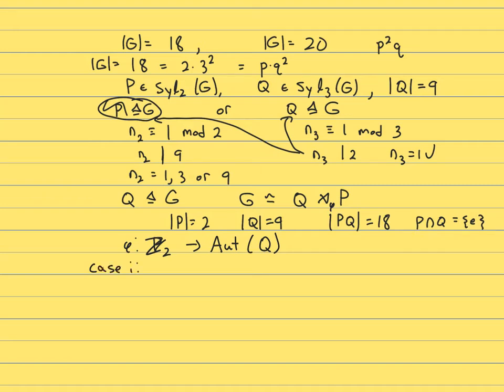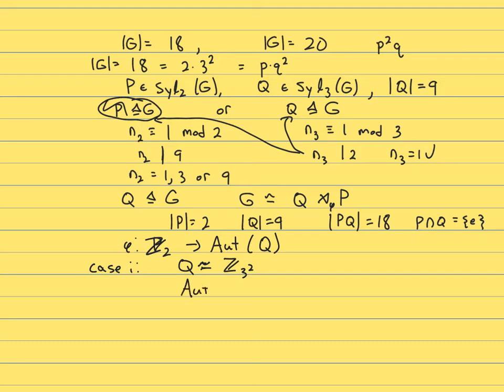So, of course, there are two cases. A group of order 9 is either going to be Z9, or it's going to be Z3 times Z3. So let's assume it's Z9.